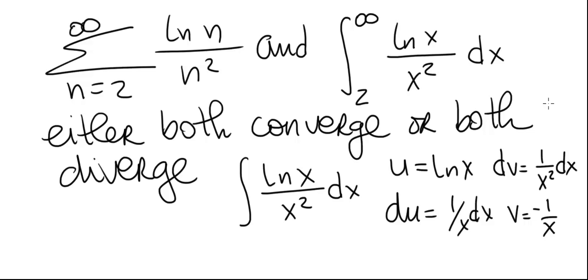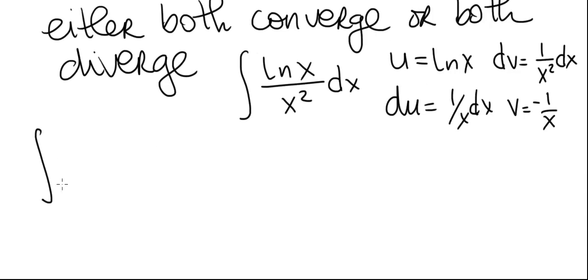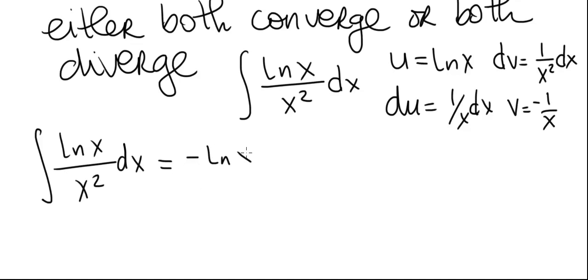So this integral, the integral of natural log of x divided by x squared, is equal to u times v, which is minus ln of x divided by x, minus the integral of v du, but because v has a minus and this will be plus, v times du would be 1 over x squared dx.